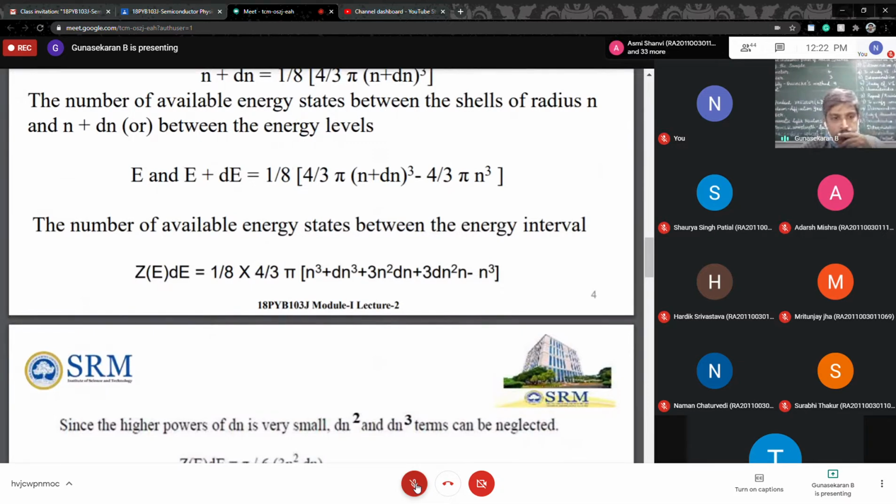Here dn cube is my second term and dn square is my fourth term, so those terms simply get cancelled.